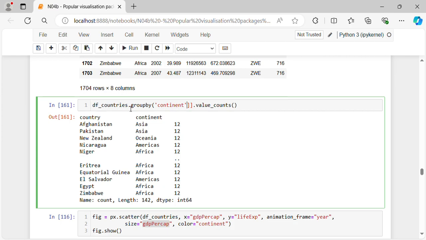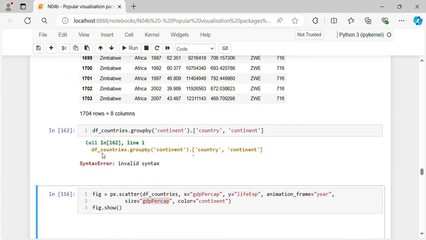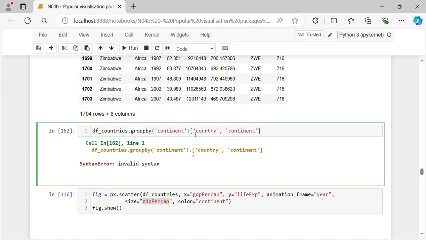Let's do group by continent and show country and continent. We have to remove the dot.